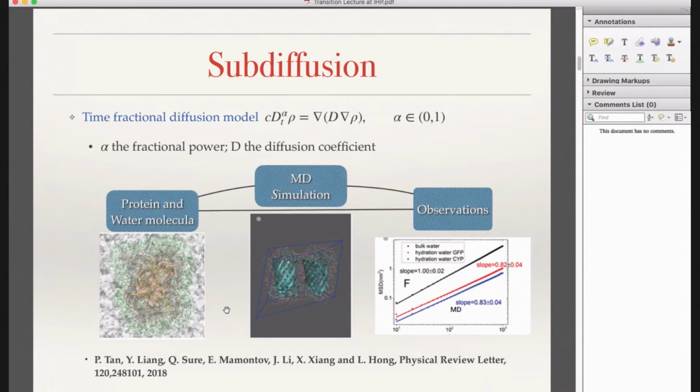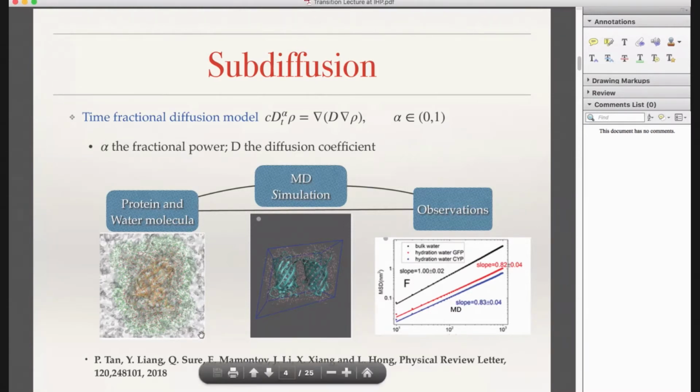But it is well known that when a water molecule diffuses in bulk water versus near DNA, RNA, or protein surfaces, the diffusivity is quite different. When the water molecule is near the protein surface, the diffusivity is significantly reduced.